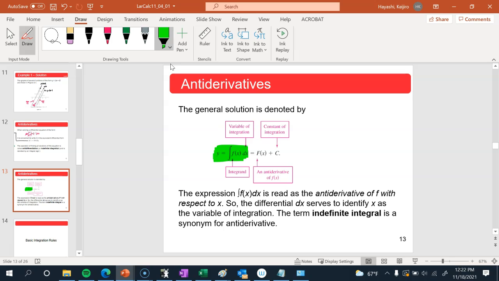It'll generally be one without a constant at the end that you get through reversing your derivative rules. And then once you get that, you have to consciously tack on a plus c at the end, just to make sure that you're getting not one, but the entire family of antiderivatives.